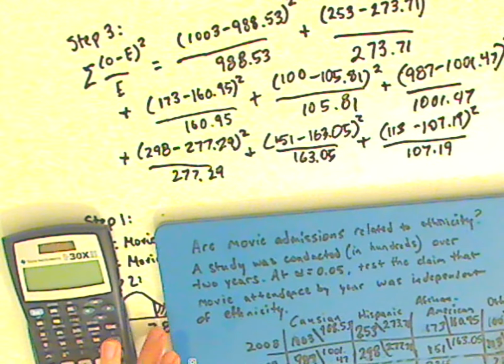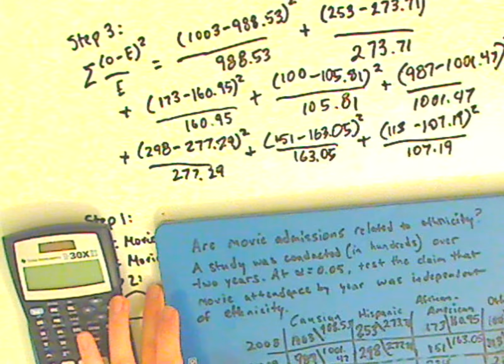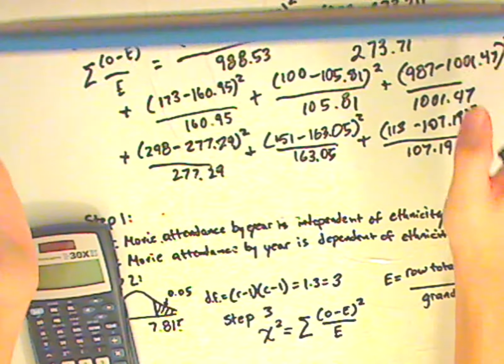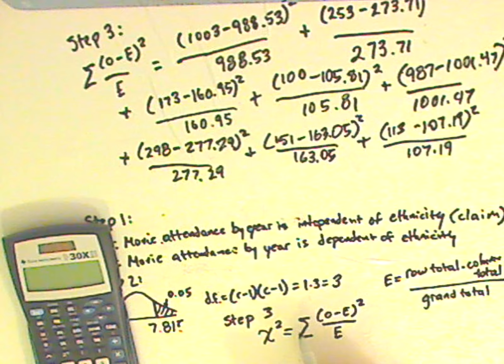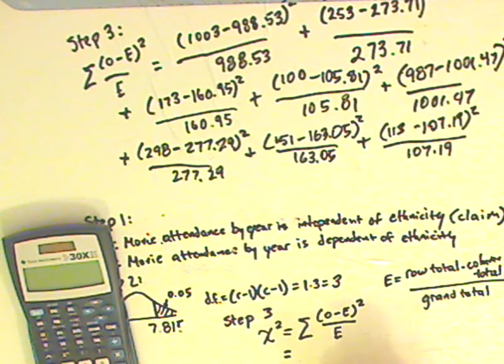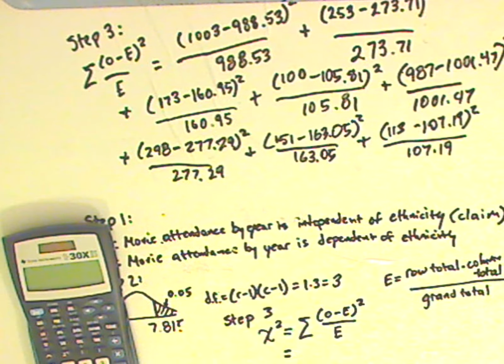And again, I'm going to split this up into the first half and then the second half. And I'm going to round to 3 decimal places for each of those.